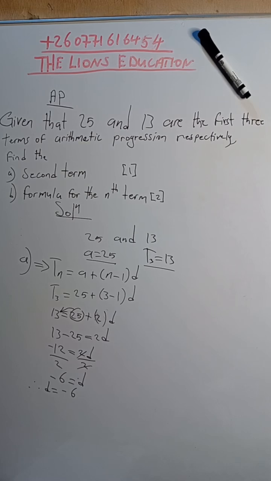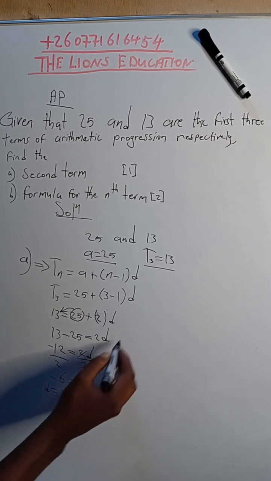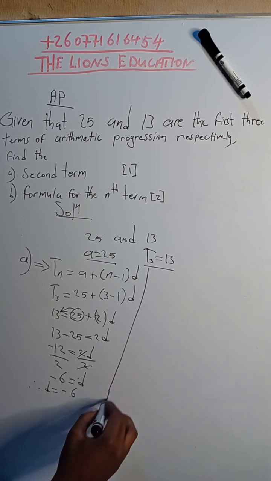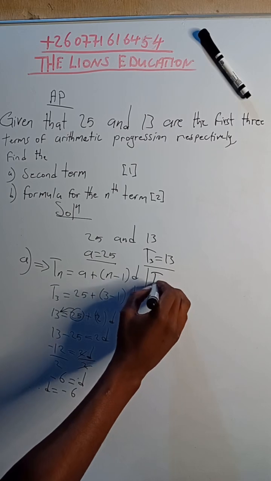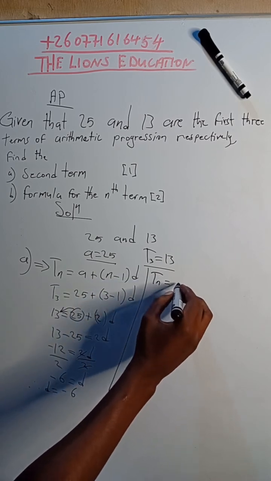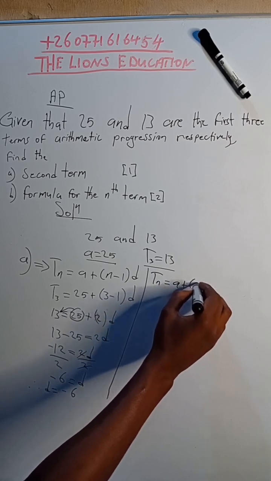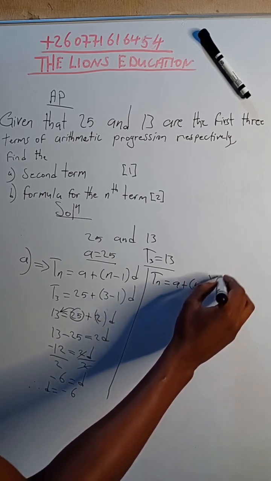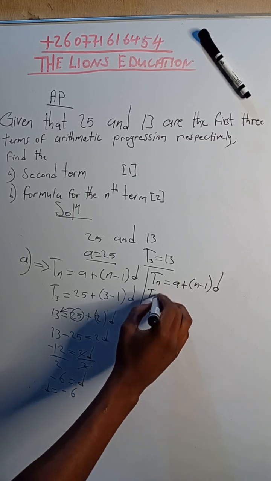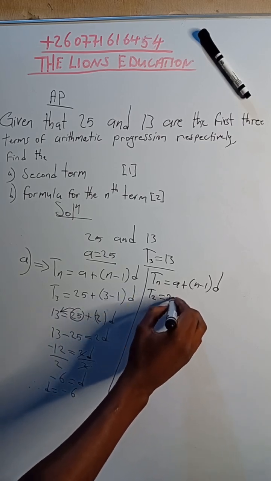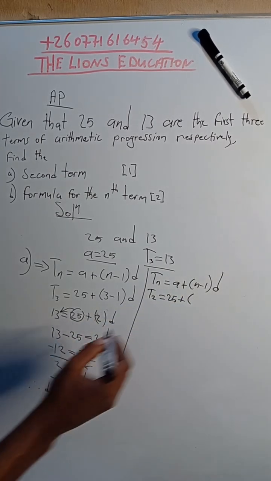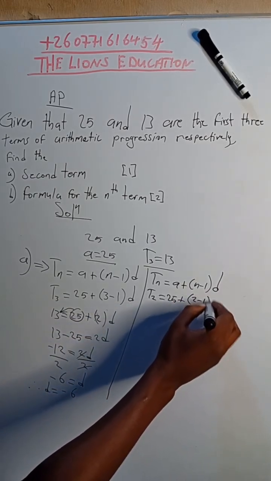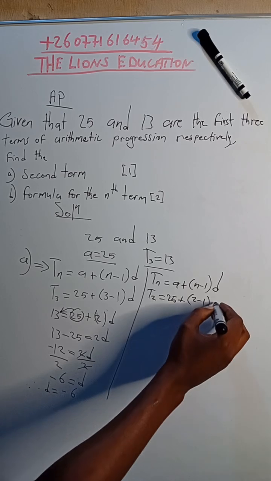So now the second term, how are we going to find the second term? We can say Tn is equal to A plus n minus 1 d, okay? Then we say term number 2 is equal to 25 plus, open bracket, we put 2 here, minus 1, because we're looking for term number 2.